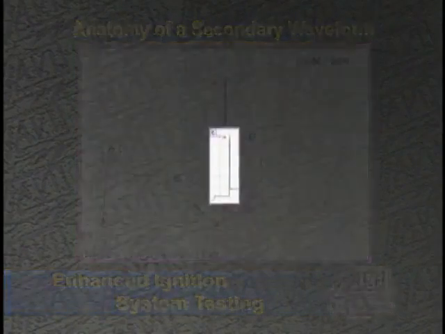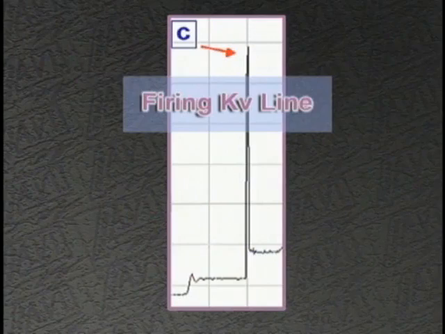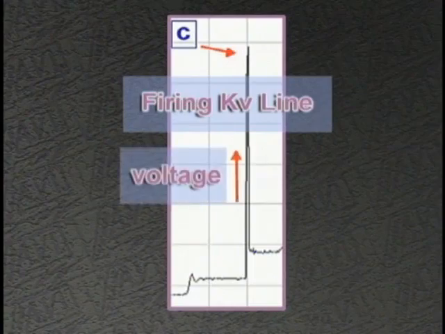Now, point C is one of the more critical points of a secondary waveform. Remember the air gap principle? The spark plug air gap has the most influence on a secondary kV demand, along with compression and obviously along with air-fuel ratio. Since we are looking vertically at the secondary waveform, we all know that vertically on a scope screen, we're looking at voltages, obviously.